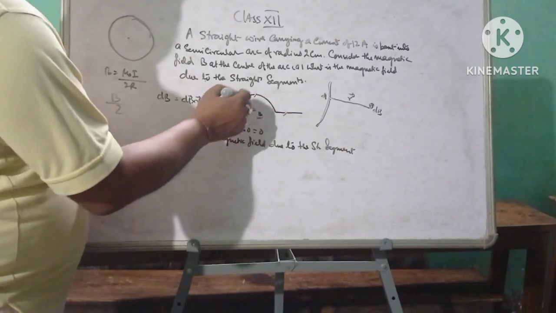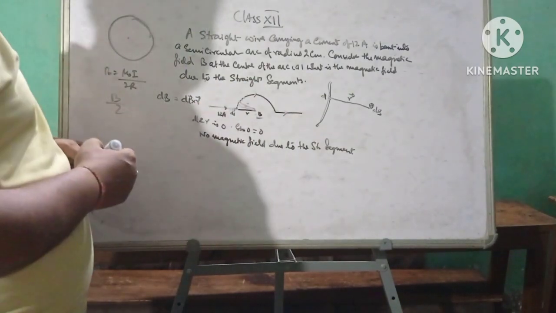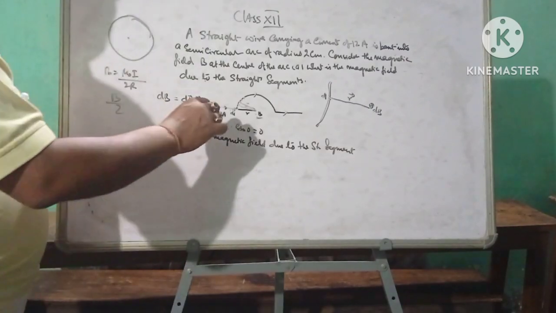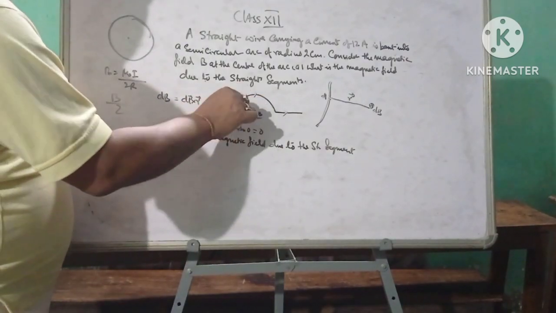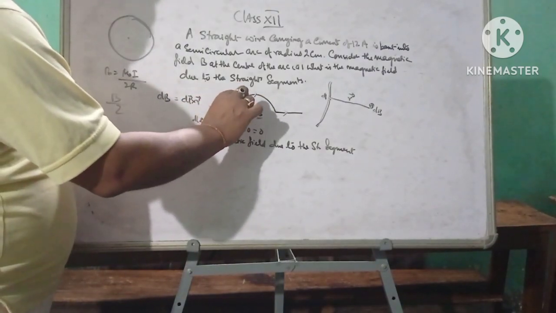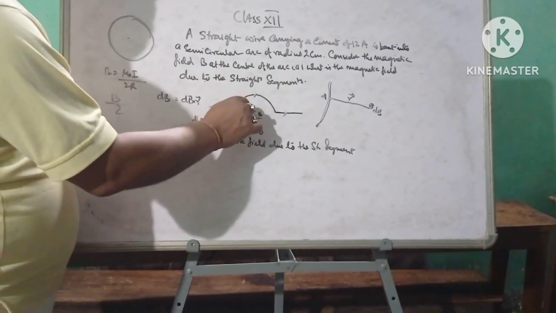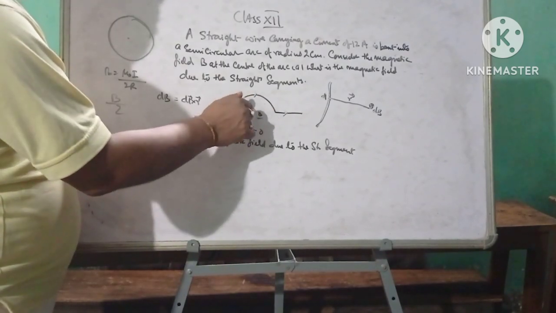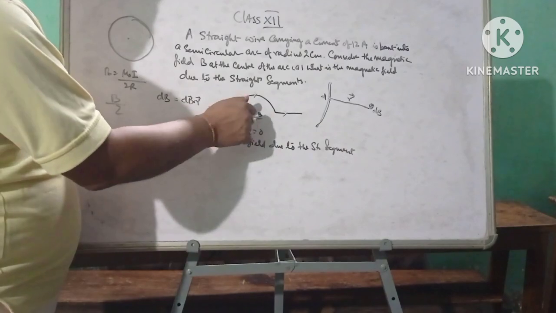This will be the total contribution of all this dl, and its direction will be given by dl cross r. You see my finger, dl cross r.